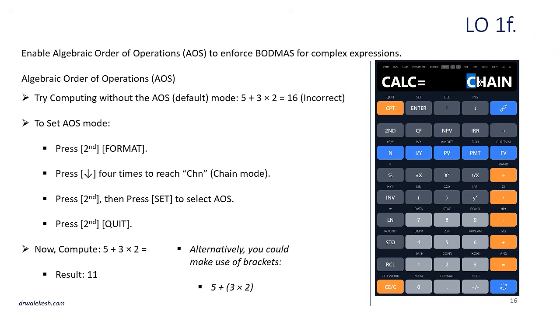So we are on CHN, but we are not done yet. Now we need to press second function, set, so that we have AOS. Then we press second function, quit. So we are all set now.